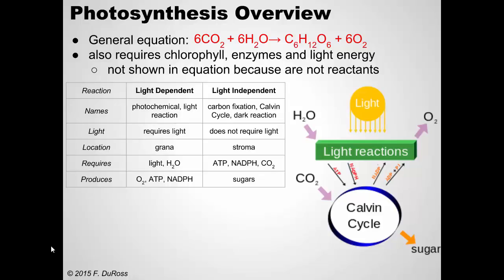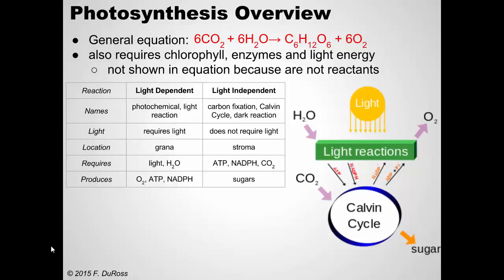When we look at the chemical changes that happen in order to go from the reactants to the products, there are two different phases of photosynthesis. We're going to call them the light-dependent and the light-independent reactions, although you will often hear them referred to with other terms.